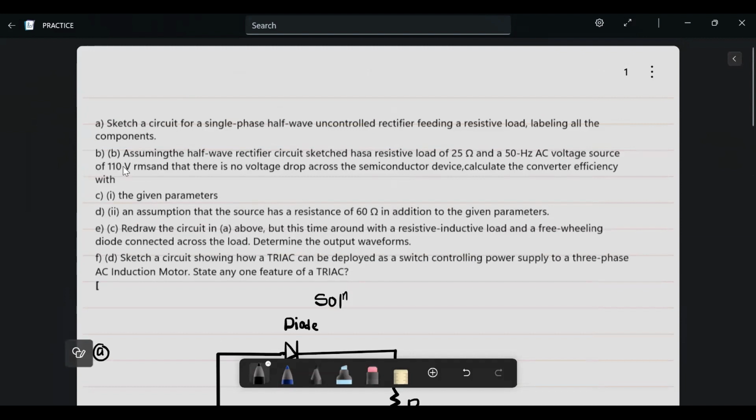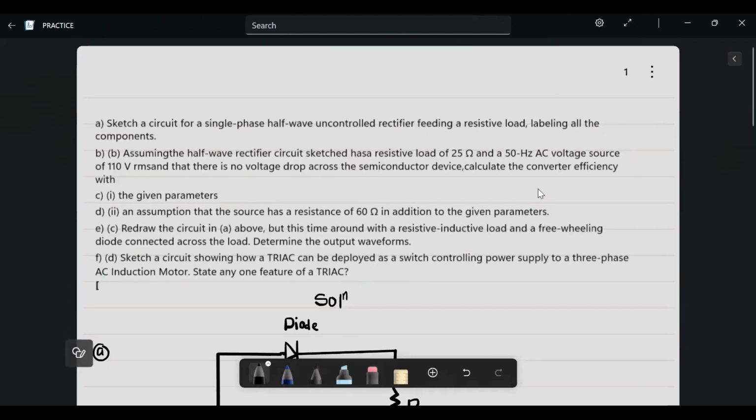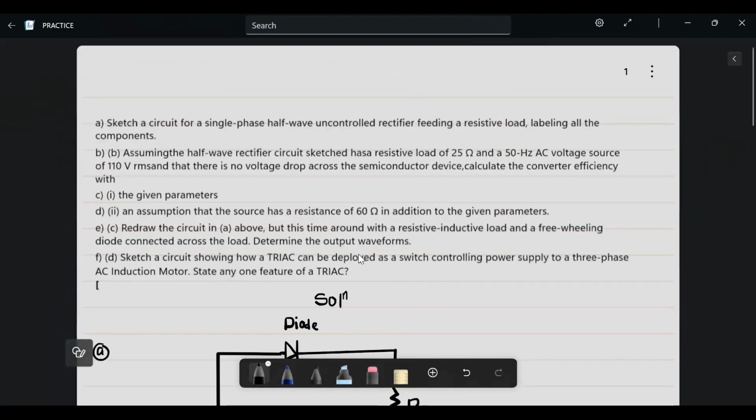And then part B says, assuming the half wave rectifier circuit sketched has a resistive load of 25 ohms, right? So we are told that this RL is 25 ohms and a 50 hertz AC voltage source. So this supply is 50 hertz, and it has an RMS voltage of 110 volts.